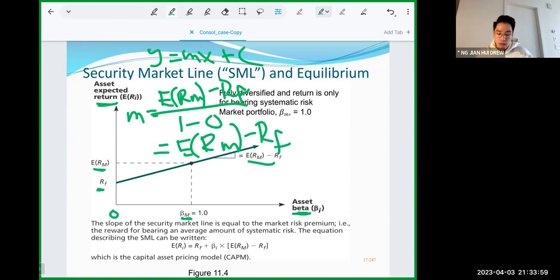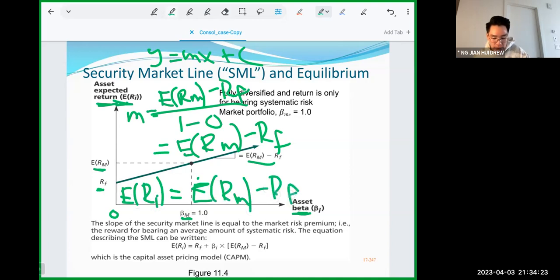Okay, so how do we do the equation of the line now? So now I want to find the equation of the line here. What's the equation of the line? The equation of the line is Y, which is the expected Ri, equals m, which is E(Rm) minus Rf, times x. What's x? x is beta, right?